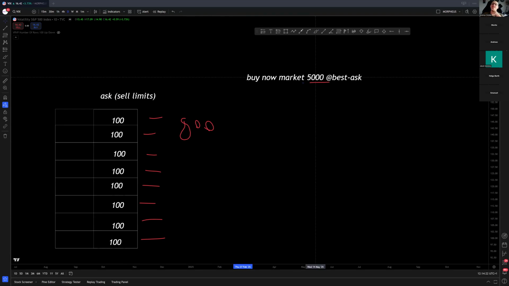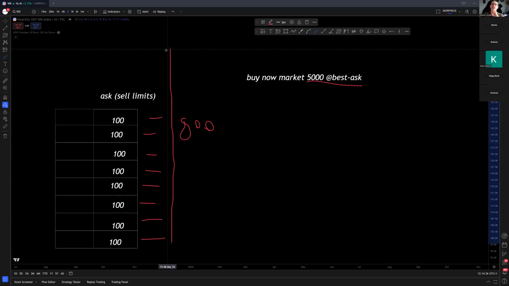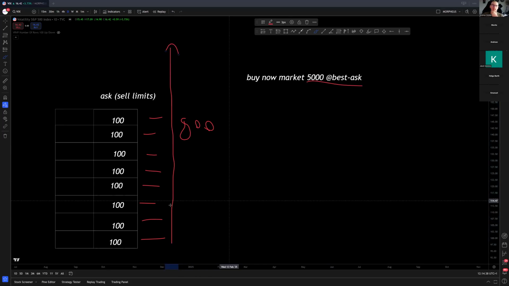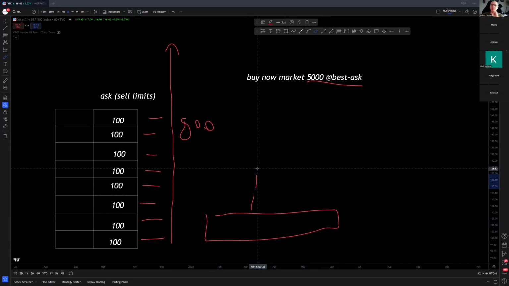If you need to buy 5,000 of that, which is not a huge amount for a big market participant, and you buy it now all at once with one single order, you would move price enormously. And instead of having the 5,000 filled at this price, you're going to have to accept worse and worse fills on your order.